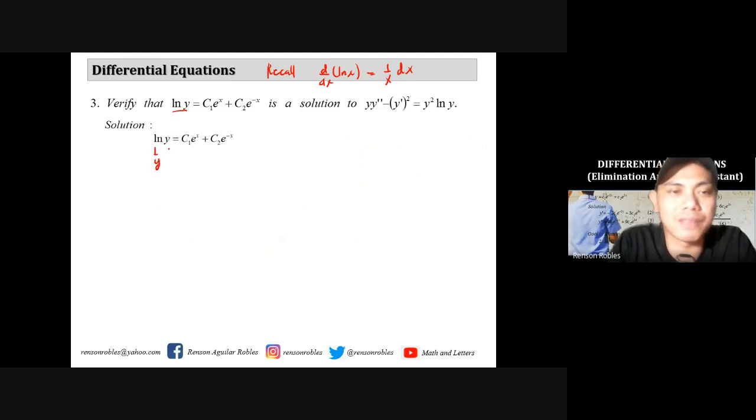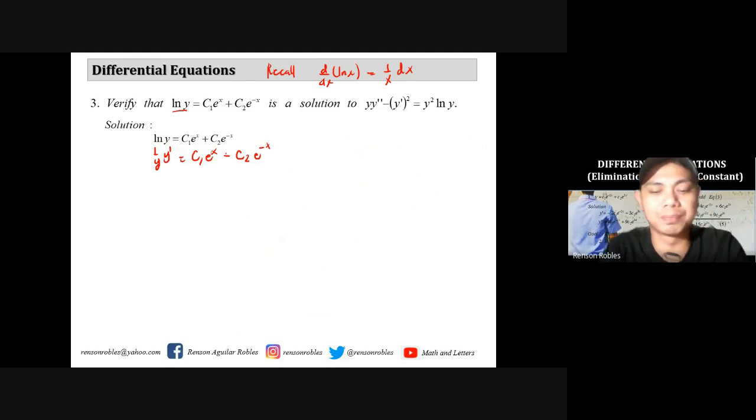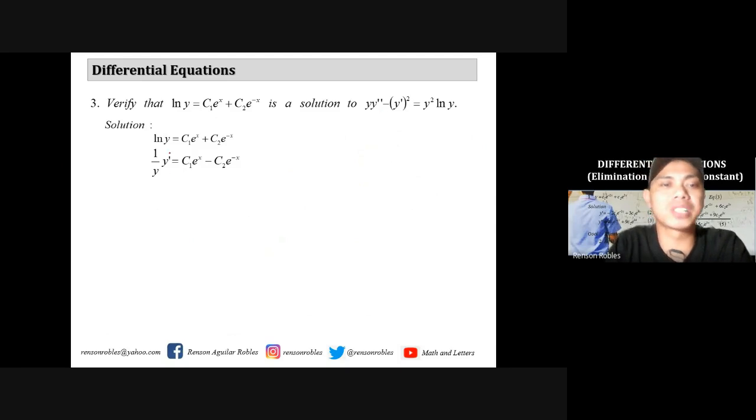Then by implicit differentiation, since we are differentiating with respect to y, you affix y prime equals, you copy c sub 1, that's constant, differentiate e to the x, then copy c sub 2, that's constant, and then you differentiate e to the negative x, which is negative e to the negative x. So you shall have 1 over y times y prime equals c sub 1 e to the x minus c sub 2 e to the negative x. And then, since we have here y double prime, we shall differentiate this again.